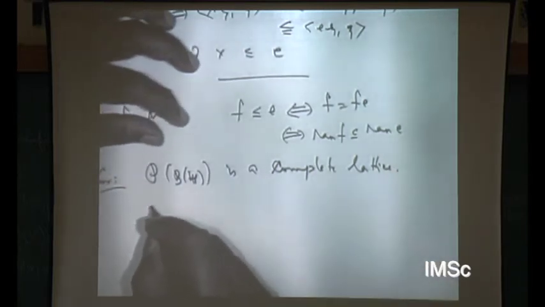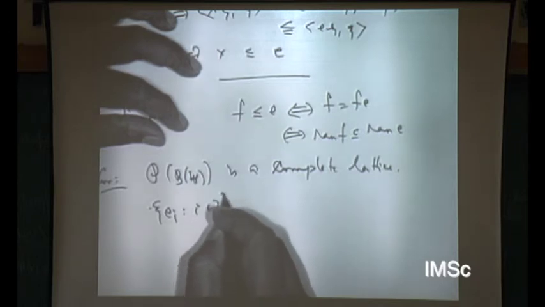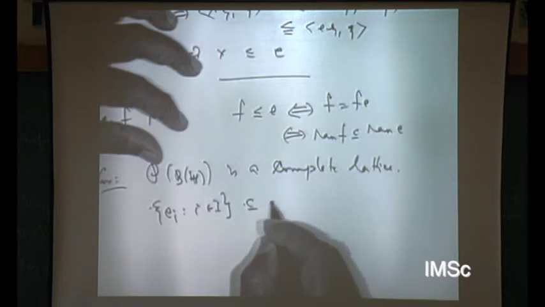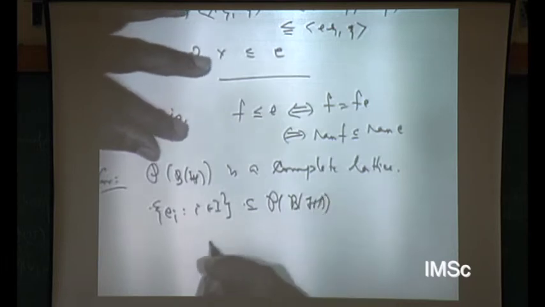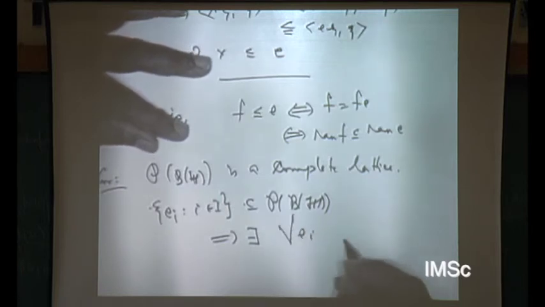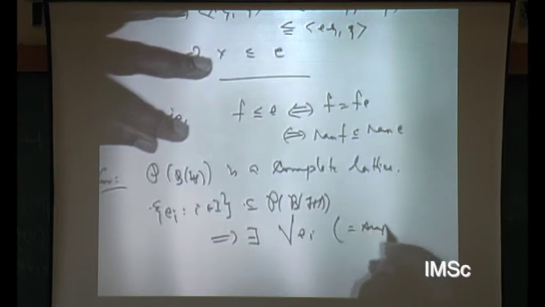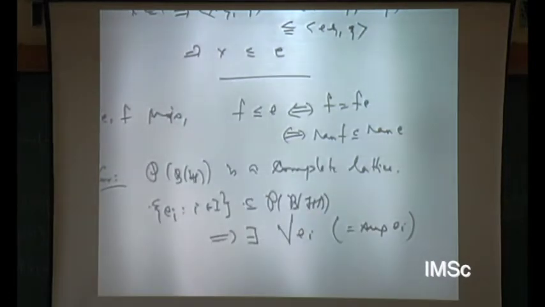That means if you have any collection E_α of projections, there exists a sup of E_α. Because for projections, the order is the same as range inclusion. So if you have a bunch of projections, that means you have a bunch of subspaces, then one is saying there is the smallest closed subspace which contains all of them.